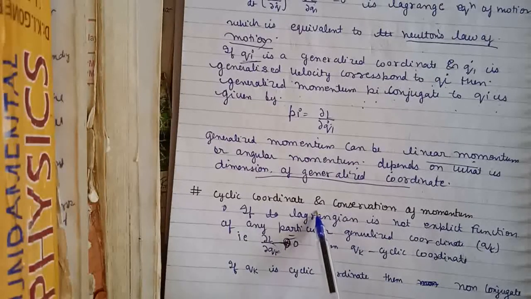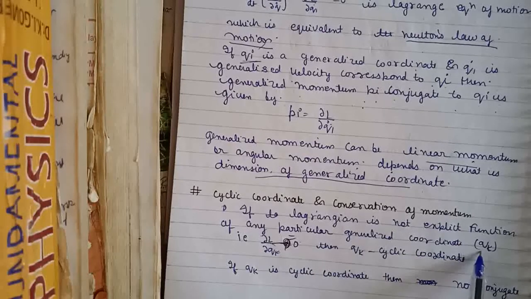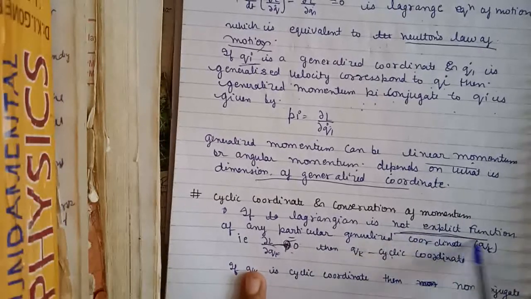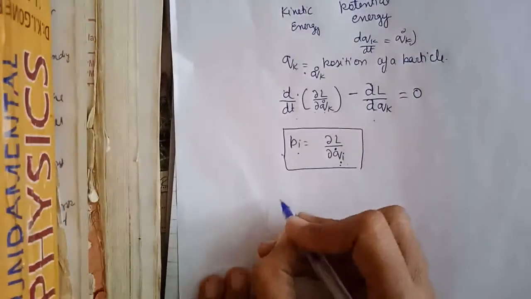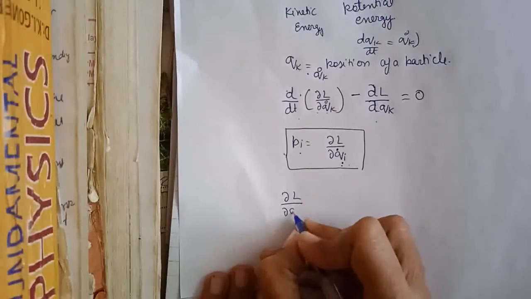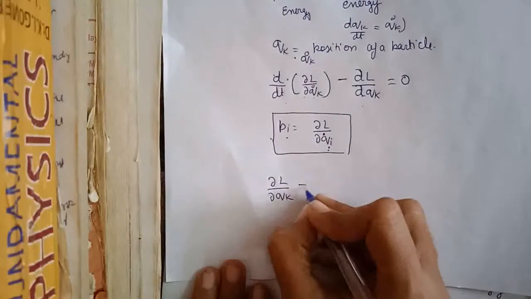Next comes cyclic coordinate or conservation of momentum. If the Lagrangian is not an explicit function of any generalized coordinate qk, then qk is a cyclic coordinate. Not explicit function means implicit function of the Lagrangian.